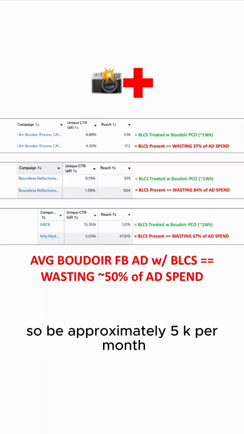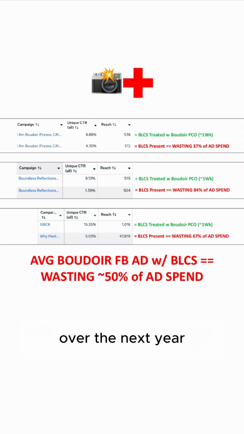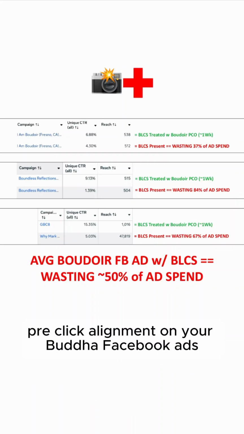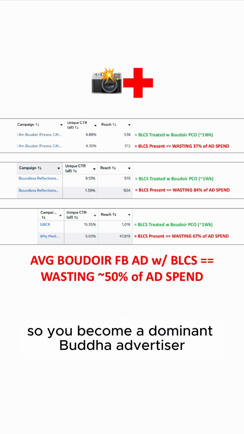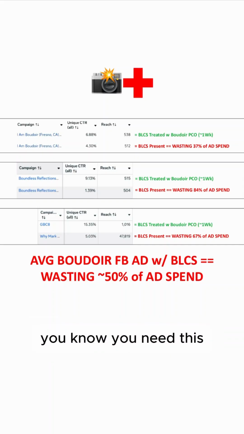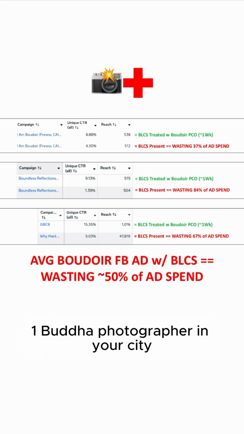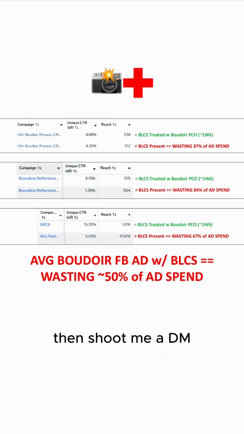So it'd be approximately 5K per month, or approximately 60K over the next 12 months. And you want this outcome, you want to achieve pre-click alignment on your boudoir Facebook ads, so you become a dominant boudoir advertiser with Boudoir Brain Entry Boost, because you need this on your path to becoming the #1 boudoir photographer in your city. Then shoot me a DM.